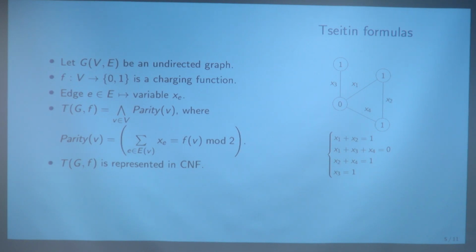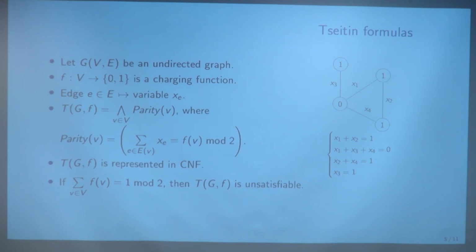Each parity statement states that for every vertex, the sum of the variables of edges incident to it is equal to the value of the charging function modulo 2. And it is a known fact that for a connected graph, a Tseitin formula is unsatisfiable if and only if the sum of values of the charging function is odd.